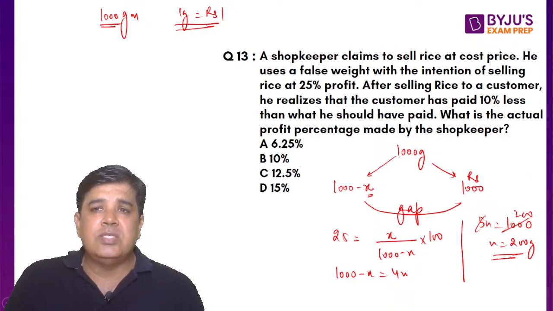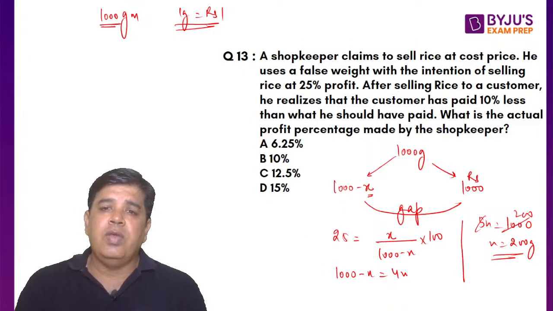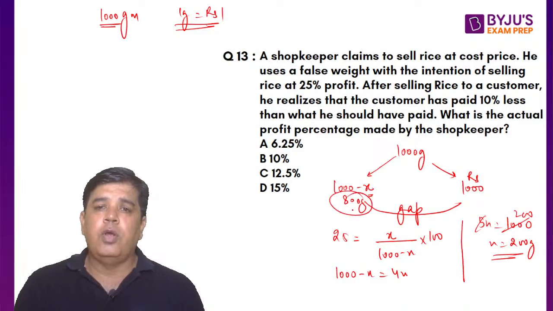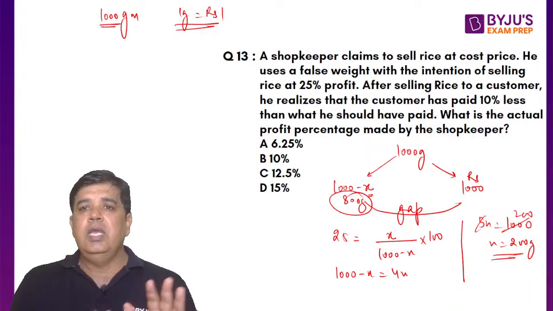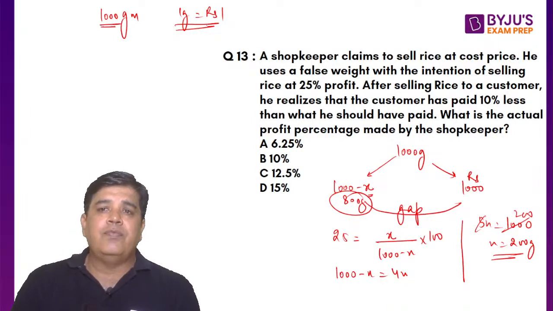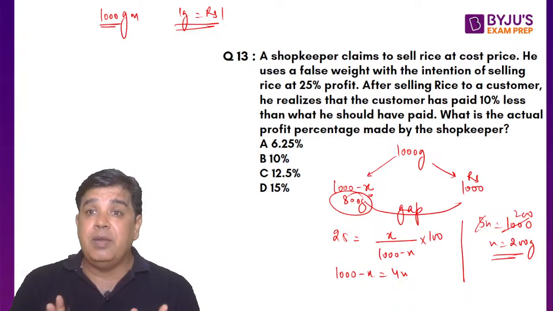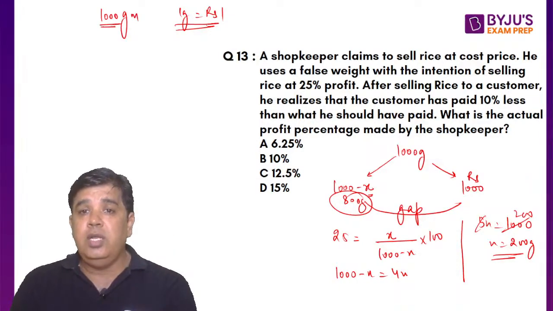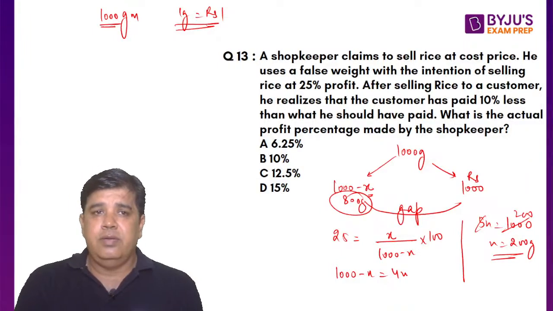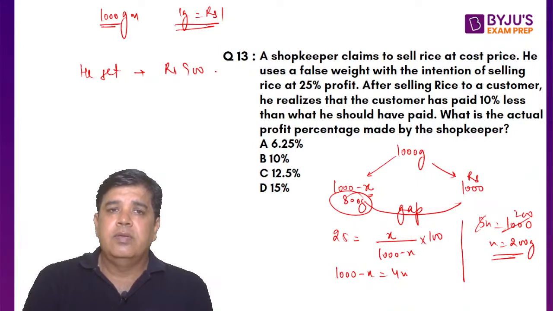After selling the rice to the customer, he is giving 800 grams from his pocket. He realizes that the customer has paid 10% less. Instead of 1000, he gets rupees 900. That is 10% less.